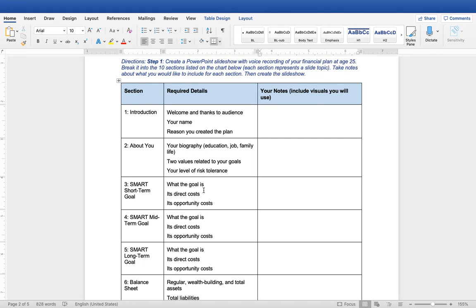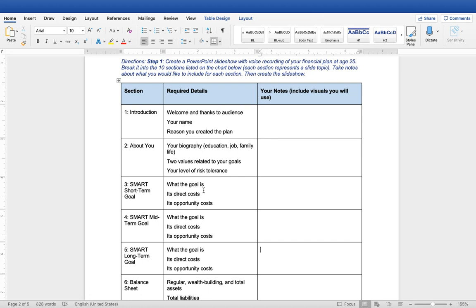Maybe you could put it towards your retirement. Maybe you could put it towards a down payment on a condo. Maybe you could put it towards your wedding that you're going to have in the next 5 years. You're giving something up. Maybe you could take a vacation that you've always wanted to, but you're not because you're going to use those 5,000 for your car.